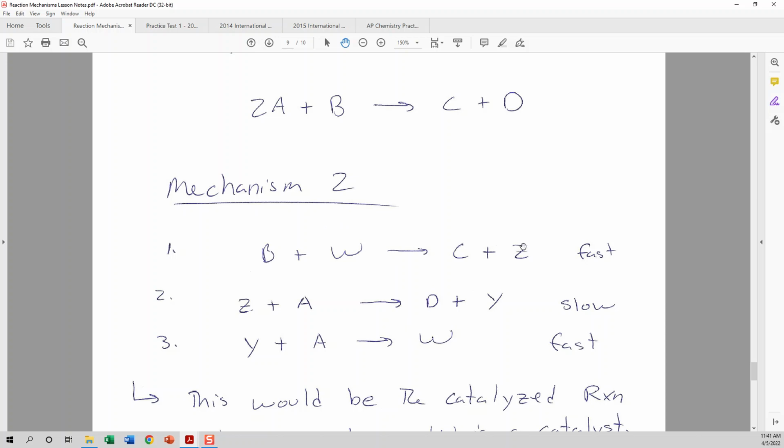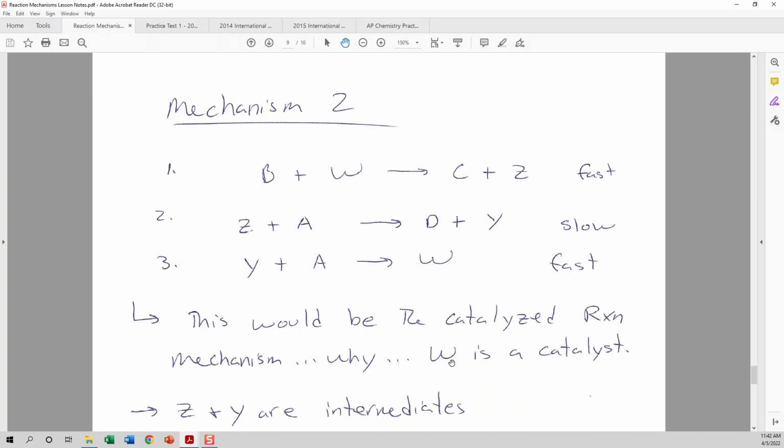So remember, when I said intermediates cancel out this way, catalysts cancel out on this diagonal because they are consumed and then produced. So overall, they are not involved in the overall reaction. They cancel out, just like intermediates cancel out, but in a different way. Intermediates get produced then consumed, catalysts get consumed then produced.